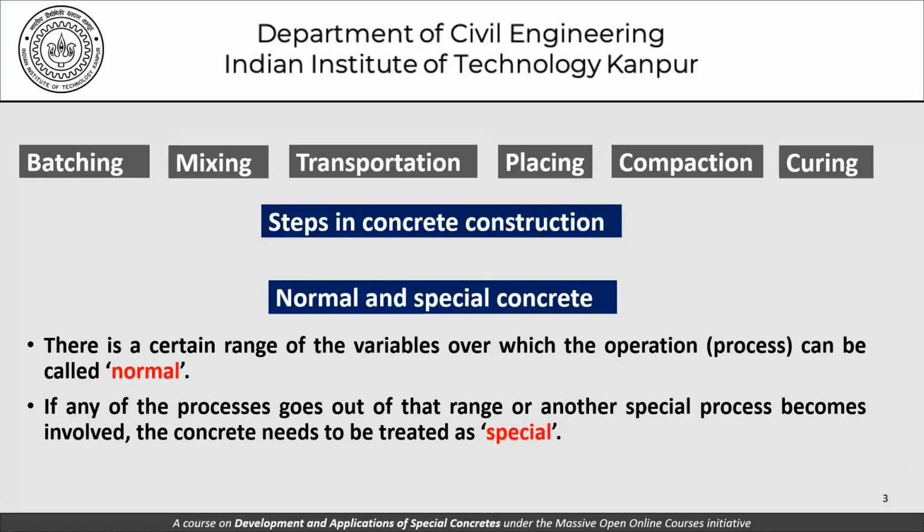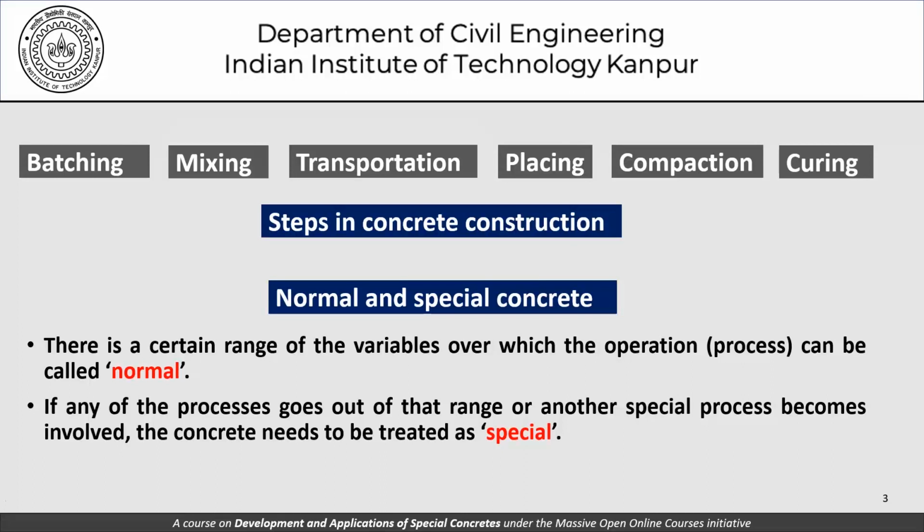Now, as far as the right specifications and the right methods are concerned, they start with normal concretes and have to be adapted, or new methods and specifications have to be given for special concretes. Let me start the discussion by reiterating that the concrete construction process consists of batching, mixing, transportation, placing, compaction, and curing, and there are different processes involved.